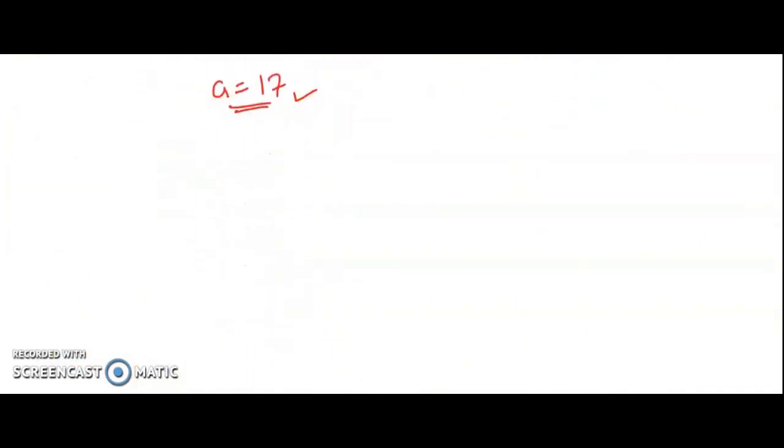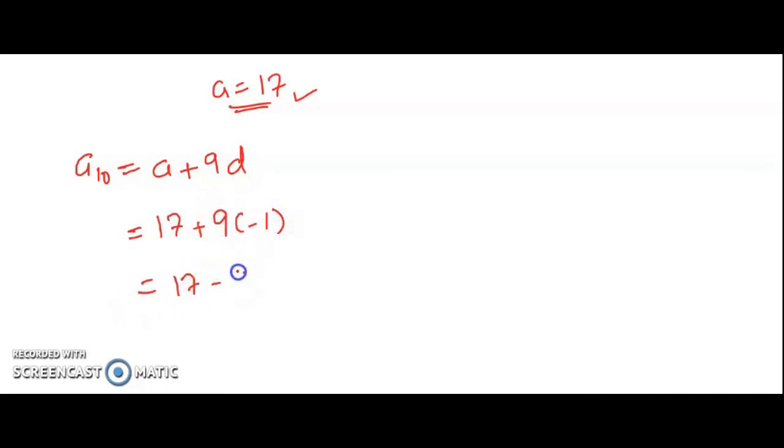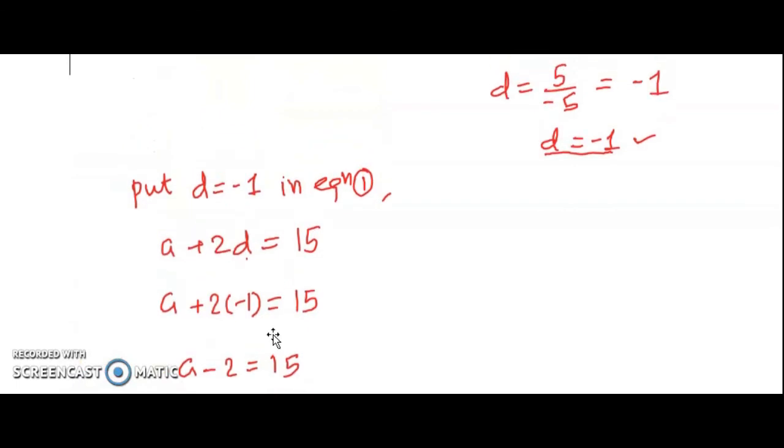To find a10, the 10th term of an AP, we can use the formula a plus 9d. The value of a is 17 and d is minus 1. So you will get the value of the 10th term of the AP, that will be 17 minus 9 equal to 8. So this way we get the value of a10.